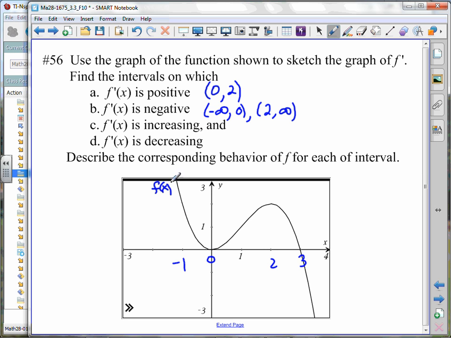It's negative, right? And eventually the slope becomes 0. Is the first derivative increasing? Is negative 10? It's getting closer to 0.